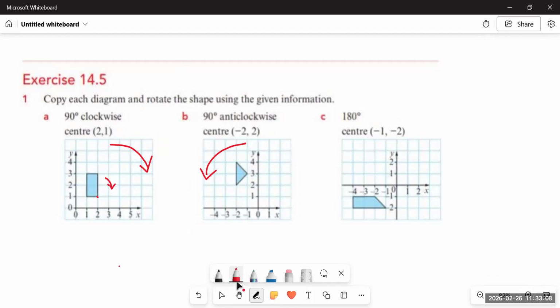So what will happen? We have to turn the tracing paper 90 degrees. Since it's 90-degree rotation and 90-degree clockwise rotation. So if we consider this line, a 90-degree angle will be formed like this.